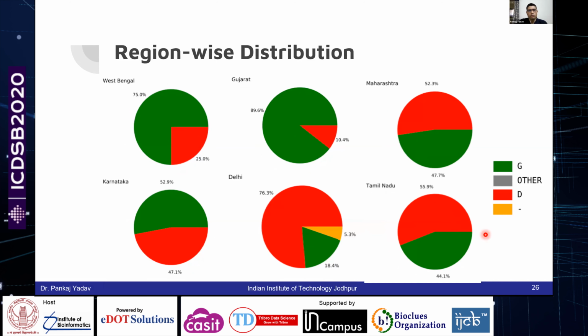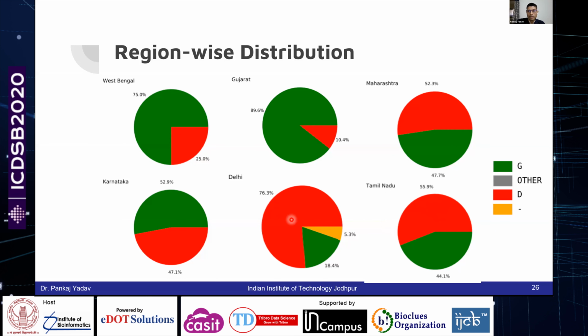In India also, if we look at D and G across different regions, in Maharashtra, that's very interesting, it is still more than 50%. That may explain why Maharashtra has more cases when we look at the number of cases. Also in Tamil Nadu and in Delhi.